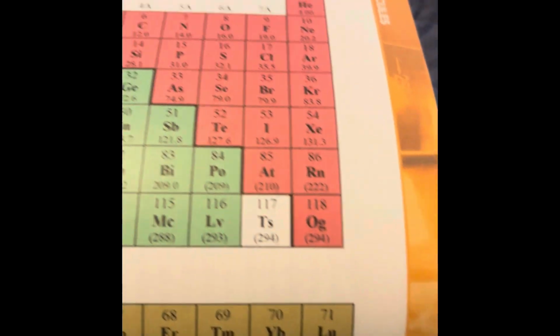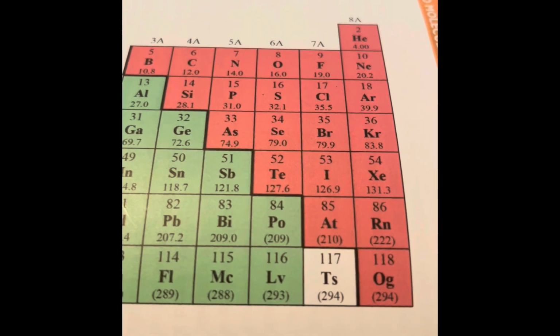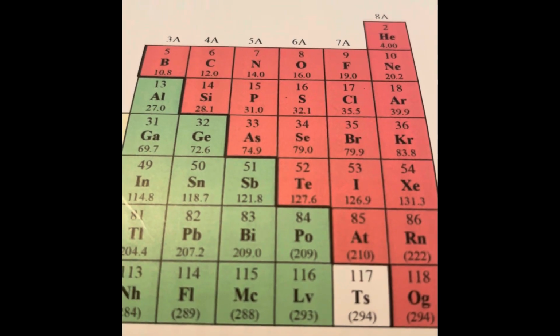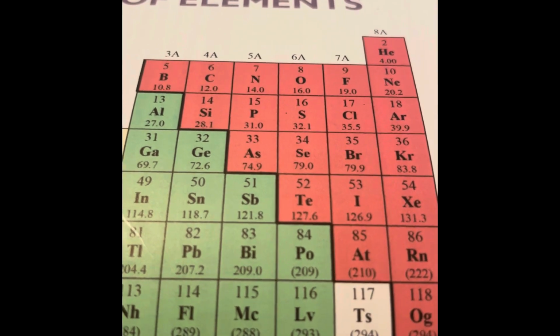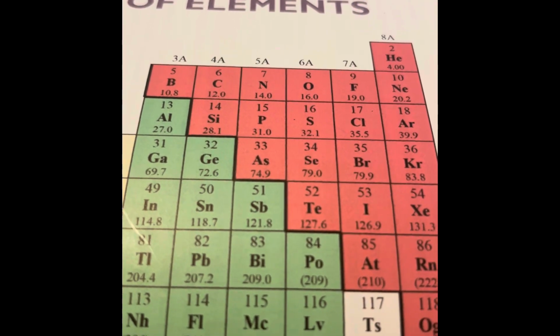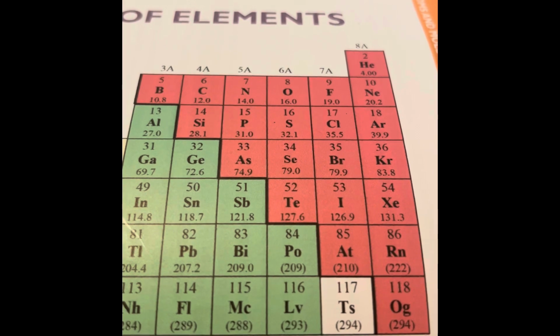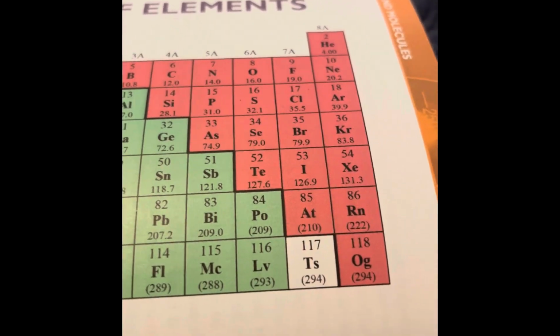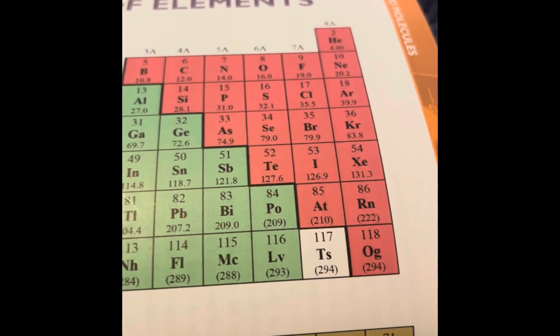Let's take oxygen and selenium, okay? So they're both in group 6A, and oxygen has the higher ionization energy because, as we know, it increases from the bottom to the top of the periodic table, okay? But I want to explain to you why that is.